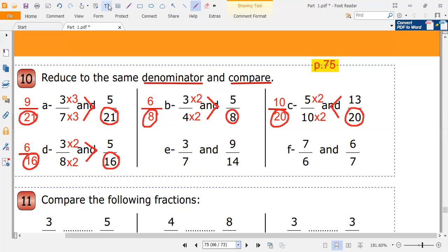Now we have 3/7 and 9/14. Can the 7 become 14? Yes, if we multiply it by 2, so we have to multiply also the numerator by 2, and we get 6/14.